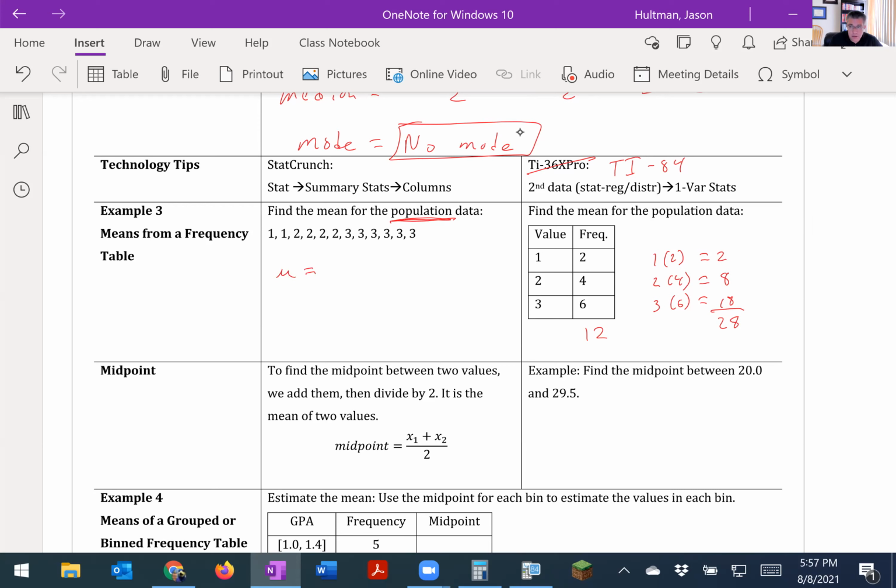Okay, mu is the Greek letter. It's a Greek U, and it stands for mean of a population. Okay, so for the mean of a population, or mu, it's called, it's going to be 28, the total, over 12.